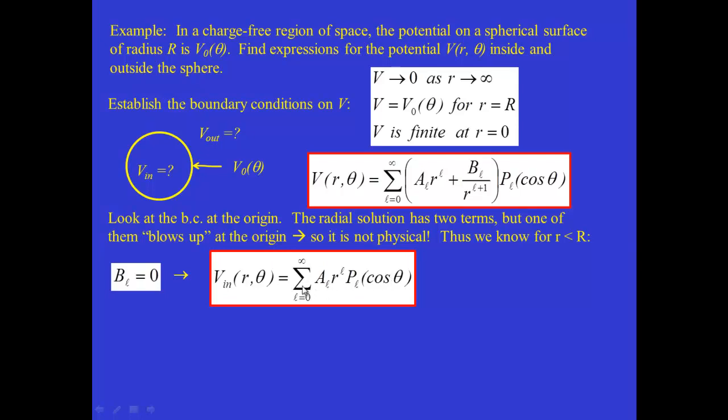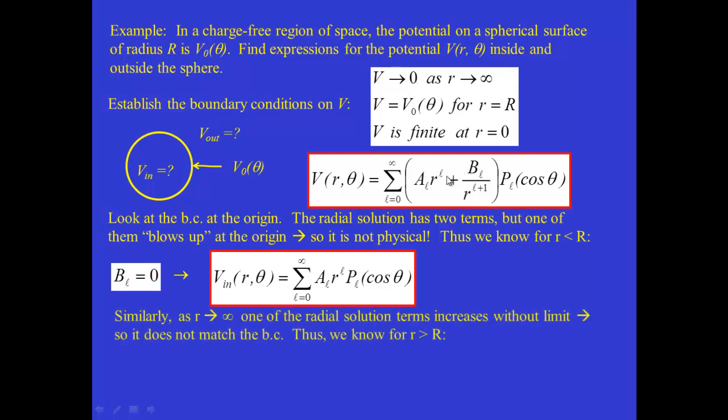Okay, we can now do something similar outside the sphere as we go off toward r equals infinity, because once again, look at the radial terms. The radial solution has a term that gets larger as r gets larger, and then it's got a term that gets smaller as r gets larger. So since the potential has to go to 0, we also know that the first term in the parentheses has to go to 0 as r goes to infinity.